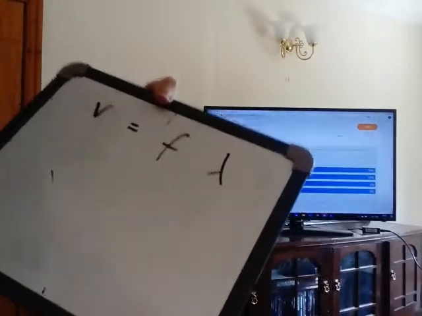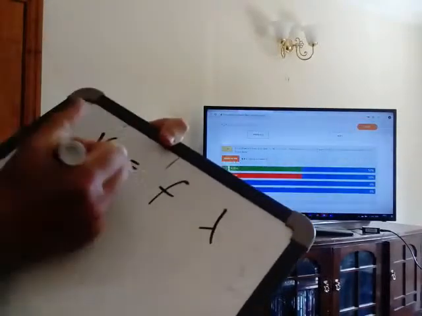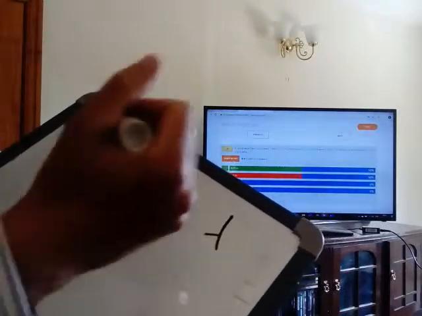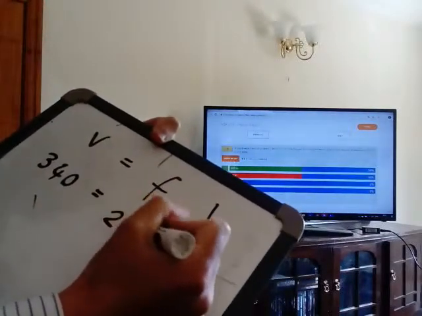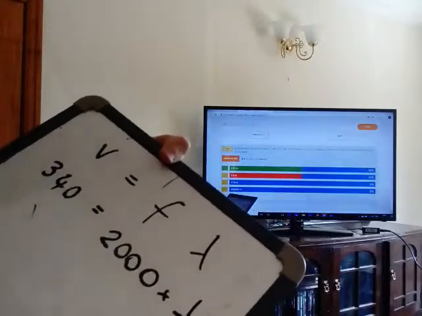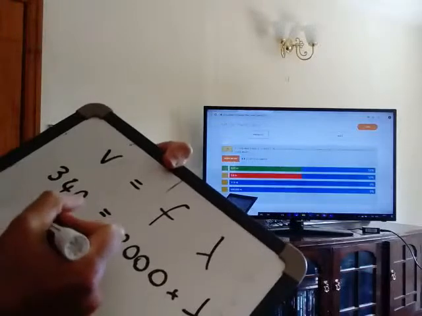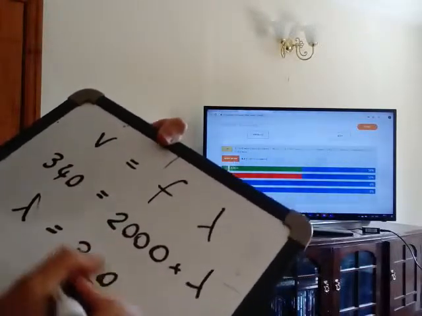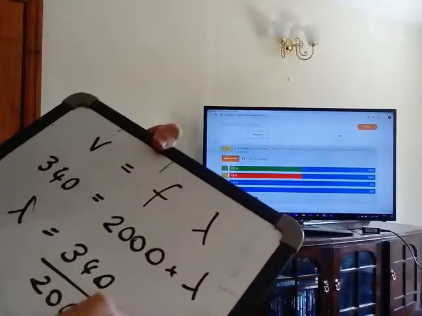And then you put the numbers where you know them. Well, we know the speed is 340, and we know that equals a frequency of 2000 times by a wavelength lambda. Well, rearranging that, I suspect, is what a couple of you did wrong there. Lambda would equal 340 divided by 2000.